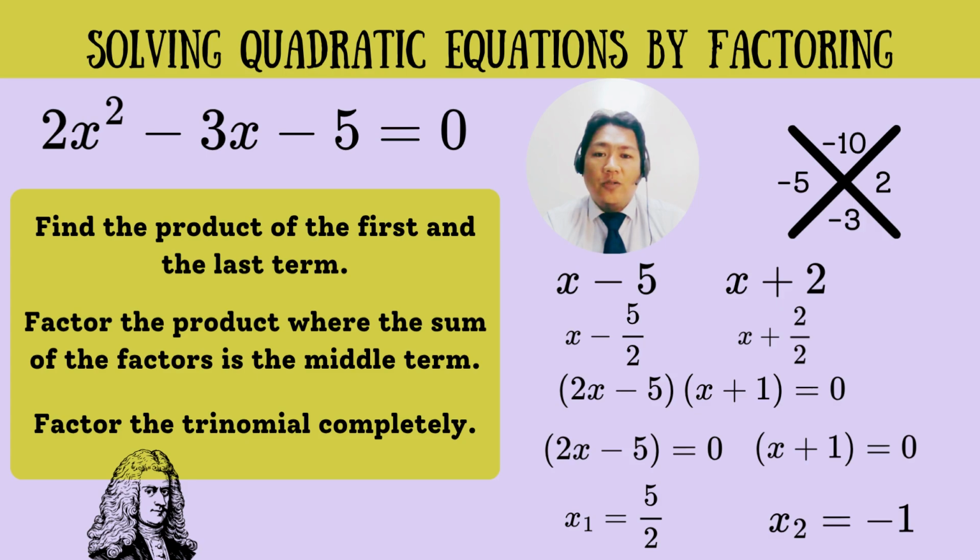Therefore, 2x minus 5 and x plus 1 are the factors of 2x squared minus 3x minus 5 is equal to 0. To find our x sub 1 and x sub 2, we equate each to 0. So we have 2x minus 5 is equal to 0, and x plus 1 is equal to 0. So our x sub 1 is equal to 5 halves, and our x sub 2 is equal to negative 1.